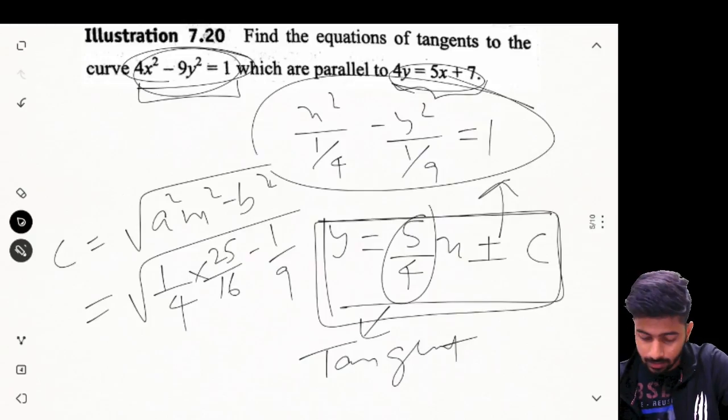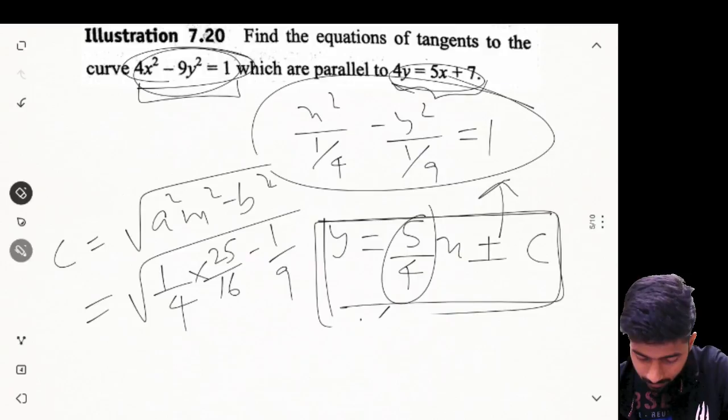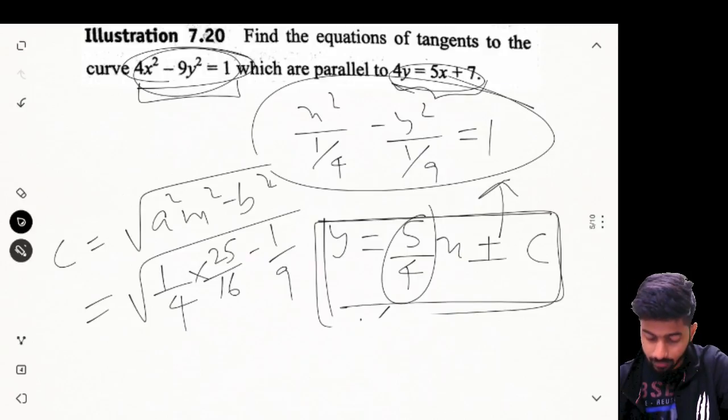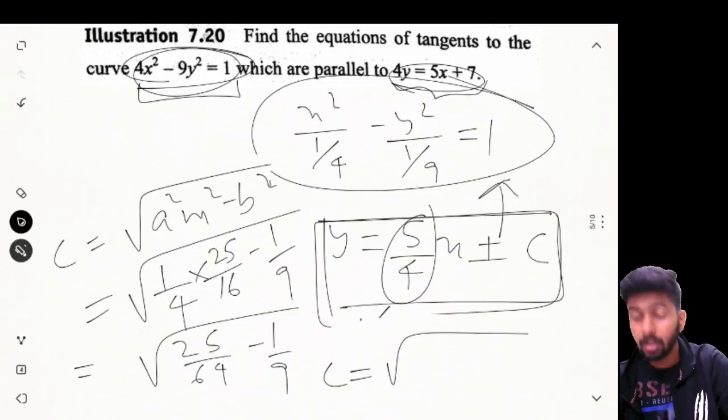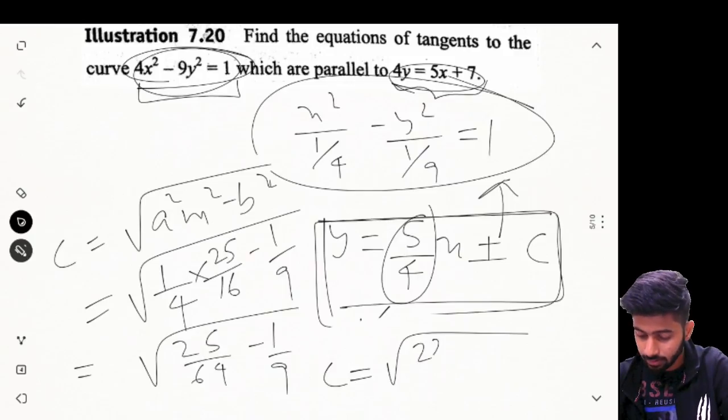So simplifying this, we have 25 by 64 minus 1 by 9. So c is equal to under root 25 into 9, which is 225, minus 64, divided by 64 into 9.